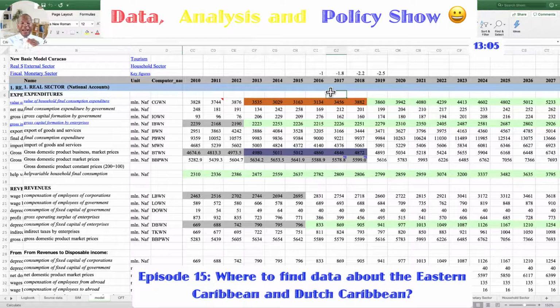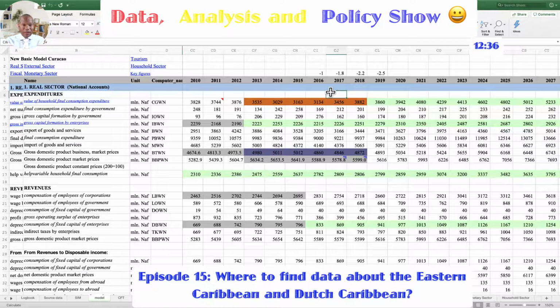Some of this data is calculated by the investment model itself, and we use definitions. For instance, how you have to add up everything: consumption, exports, investments, and those kinds of things. You add it up in all islands, in all countries in the world, the same way. So we use definitions and we use information.